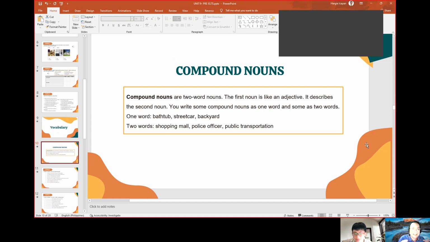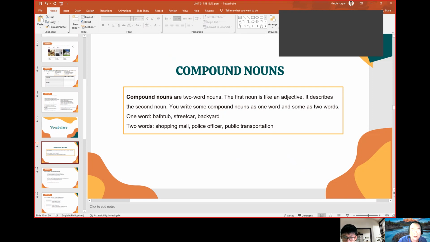Now, for a more detailed explanation of the definition of compound nouns: compound nouns are two-word nouns, meaning noun one plus noun two. Combining them together makes only one word. Okay, continue, Koi.